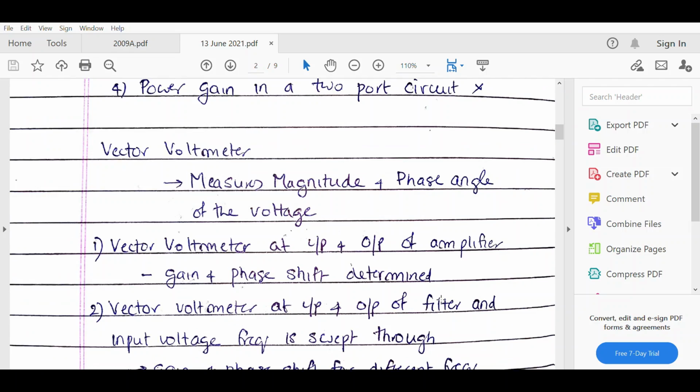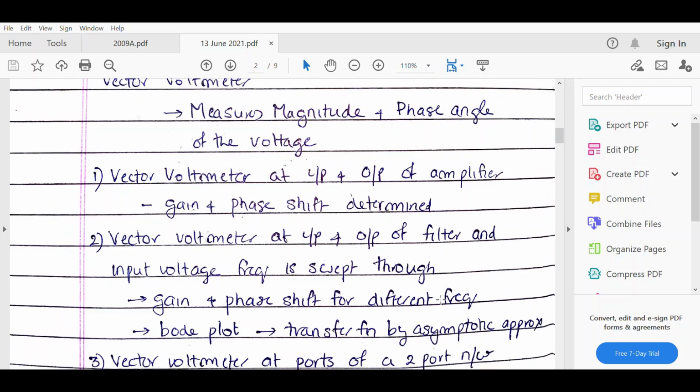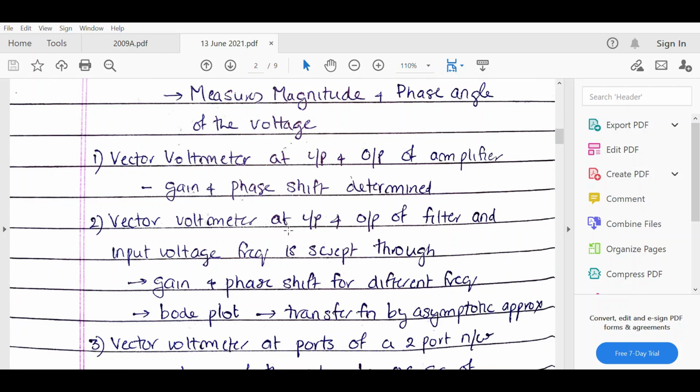Now if we connect the vector voltmeter at the input and output of the filter, and sweep the input frequency through a particular range, we will get the gain and phase shift for different frequencies. From this we can find the Bode plot, and using asymptotic approximation we can find the transfer function of the filter.